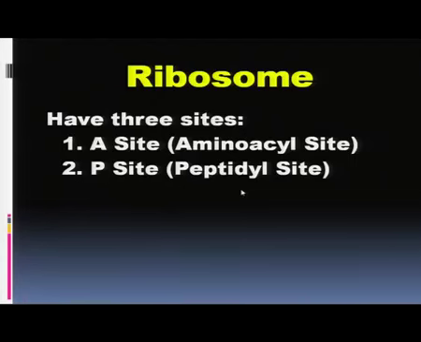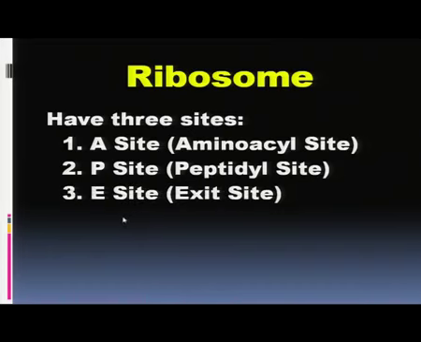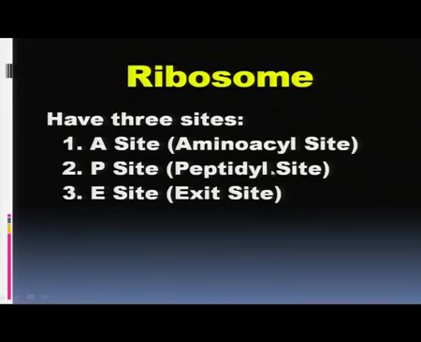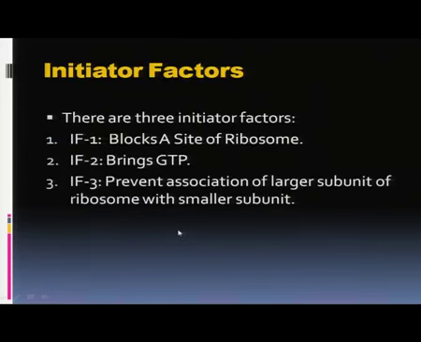The P site, that is peptidyl site, contains the polypeptide chain, and the third site, that is E site, is the exit site from where the uncharged transfer RNA leaves the complex. So, these are the 3 main important sites of ribosomes which help in protein synthesis. The first one is A site, that is amino acid site, second one is P site, that is peptidyl site, third one is E site, that is exit site.